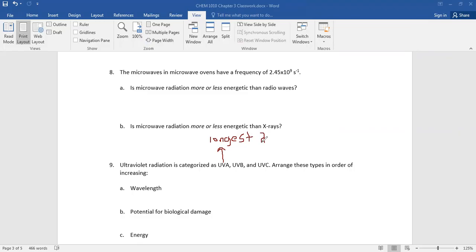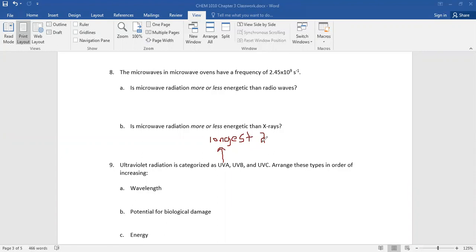UVB radiation also reaches the Earth's surface. UVA rays penetrate more deeply into the skin and play a greater role in premature skin aging changes, including wrinkle formation. And so UVA has the longest wavelength.